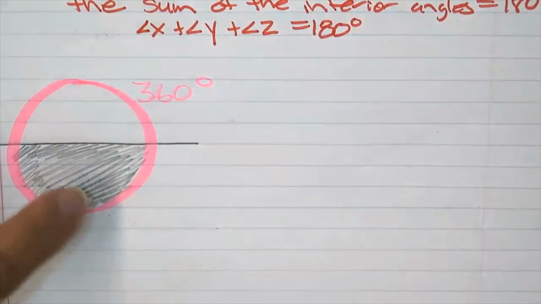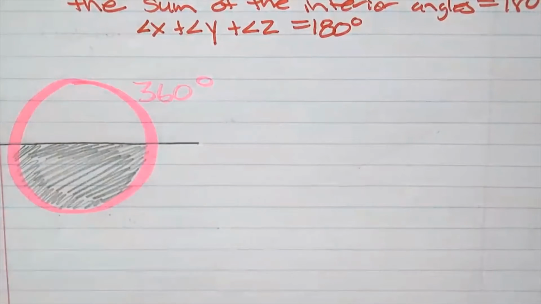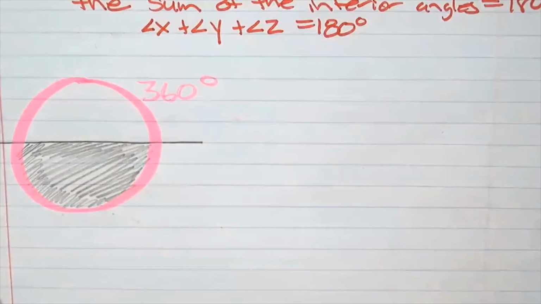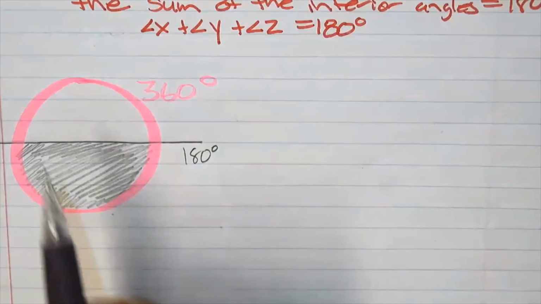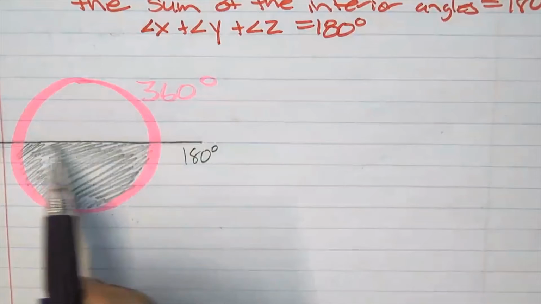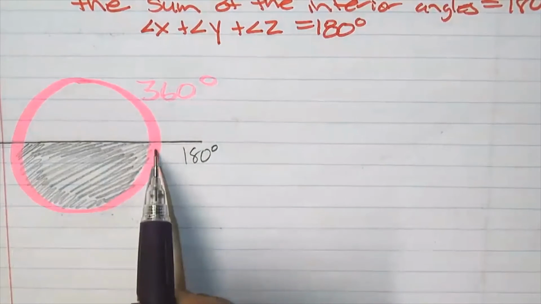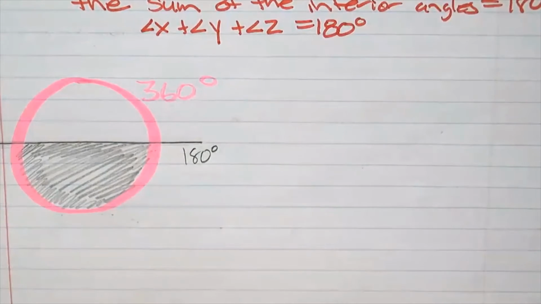So what is half of a circle? How many degrees is half of a circle? 180 degrees. So the straight line that we use to cut the circle in half is equal to 180 degrees, right?